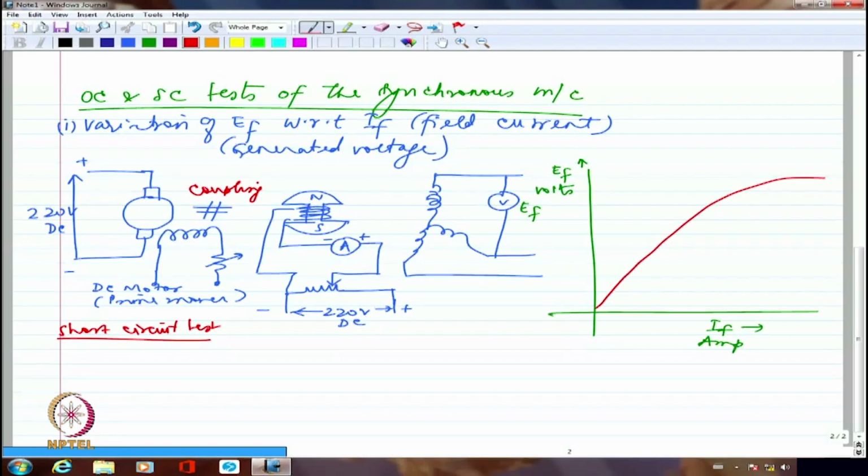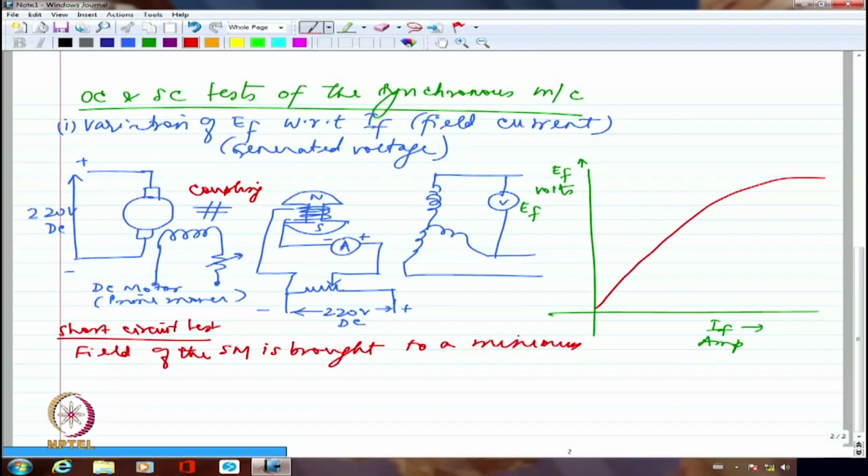So in short circuit test, what we are going to do is everything else remains the same. Only thing is I'll make sure that first of all field of the synchronous machine is brought to a minimum. I will have to bring it to a minimum because with full voltage I would not like to short circuit the machine.